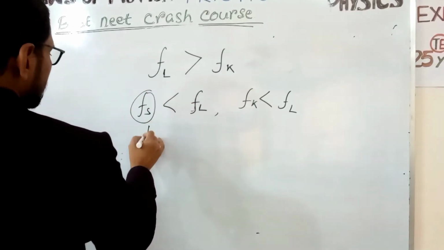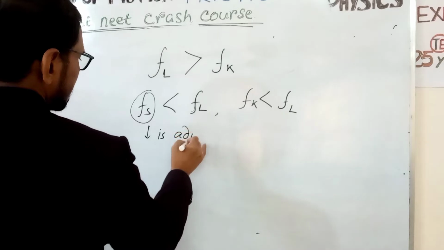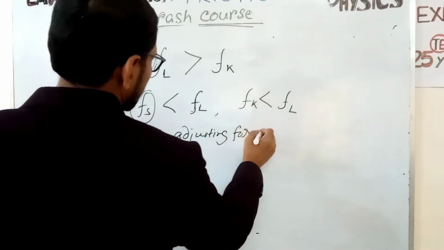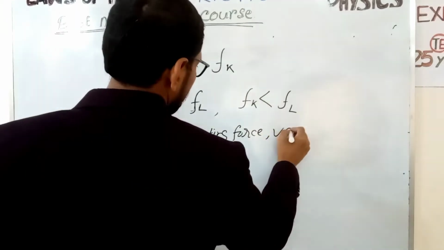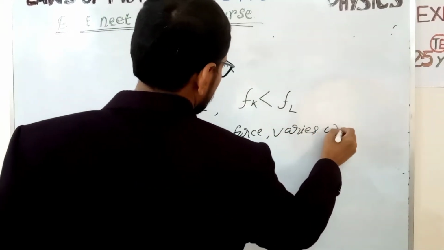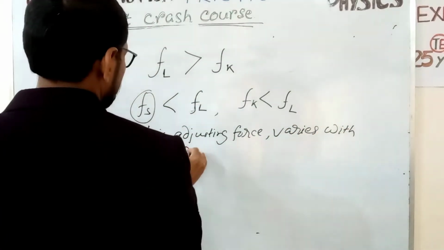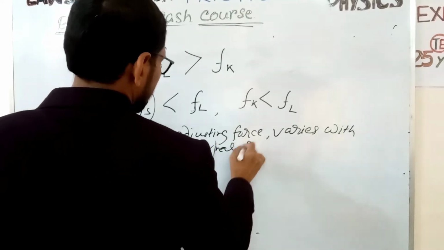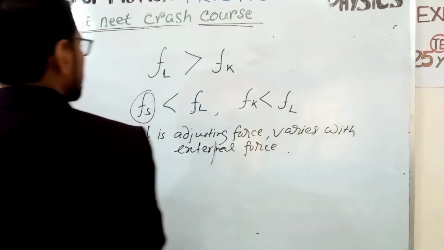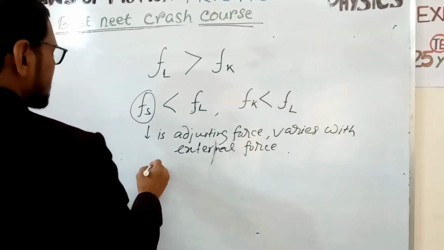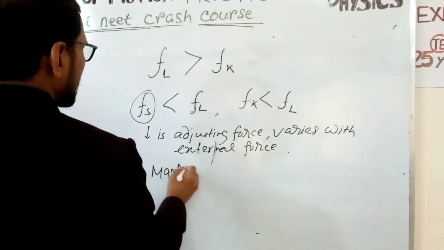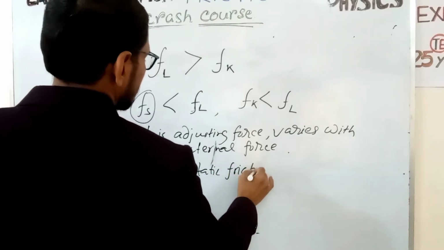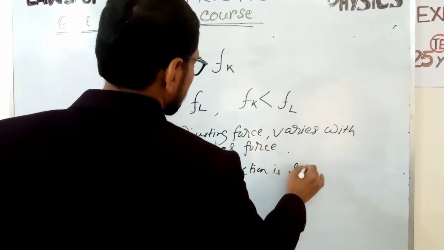Static friction is a self-adjusting force that varies with the external force. Limiting friction is constant, which is the maximum static friction.